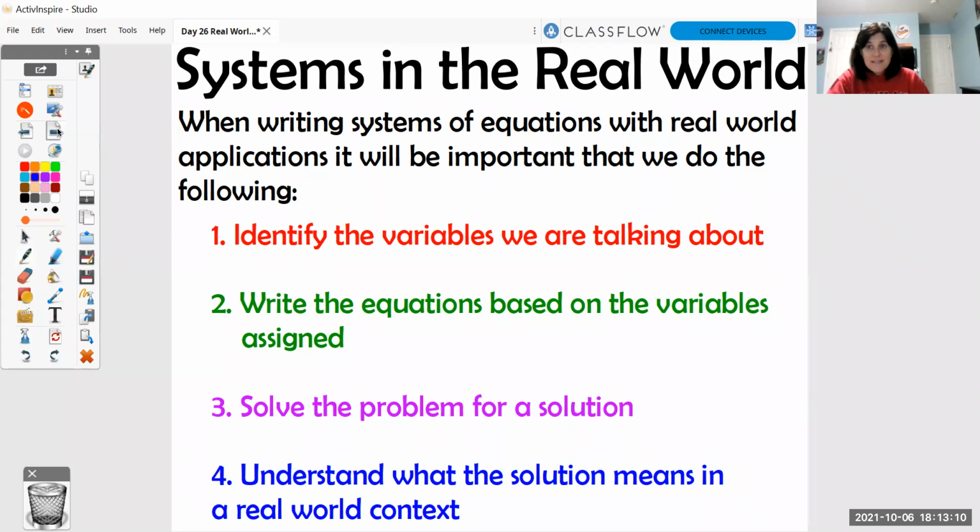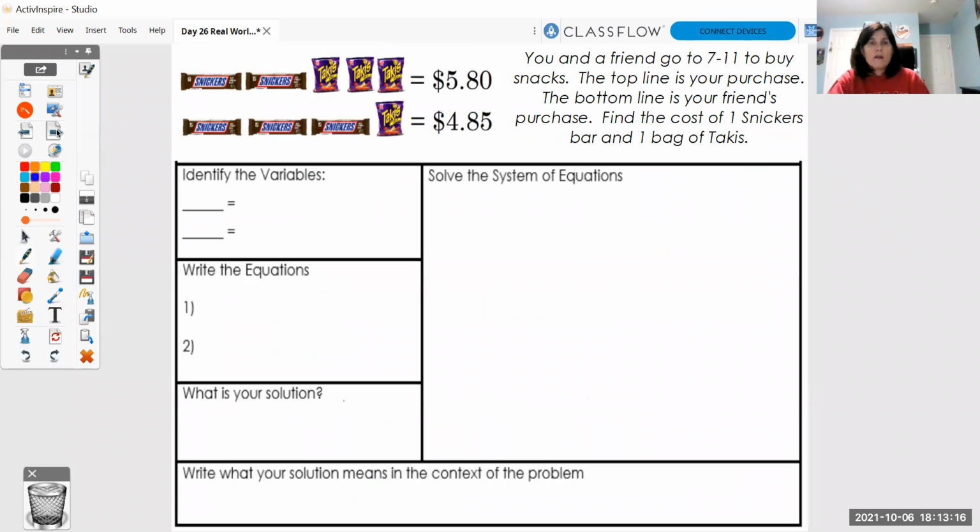So let's get started. I would like you to find this problem on your worksheet. It says you and a friend go to 7-Eleven to buy snacks.